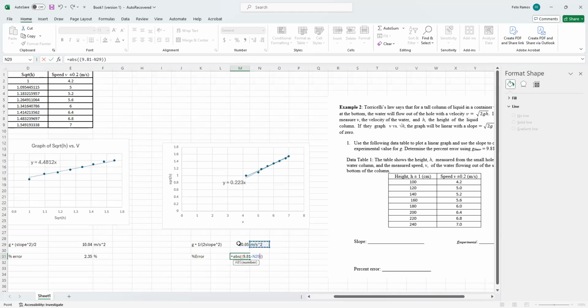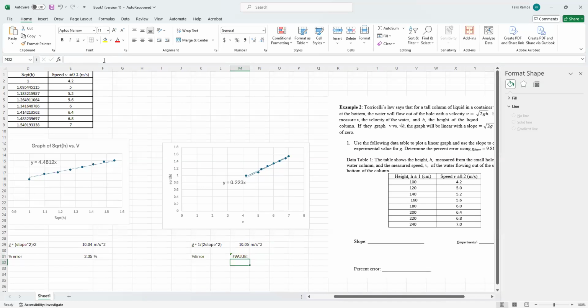I will multiply that times 100. Sorry, times 100 would be outside the parentheses. Oh, give me a second. So it would be times 100 here. And then I will just divide by 9.81, the theoretical value, right?